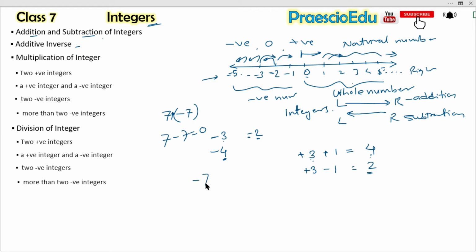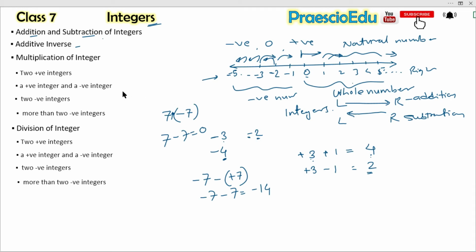If suppose minus 7 and we are subtracting its inverse, meaning plus 7, then minus 7 minus 7 will come to minus 14. So this is the additive inverse. The answer will not be the same depending on your signs, the first position and the next position, due to the plus and the negative, the sign gets changed. So that will be the additive inverse.